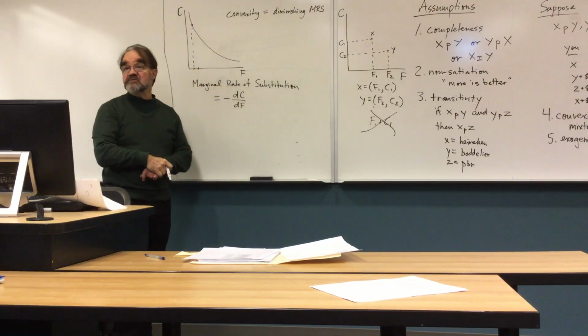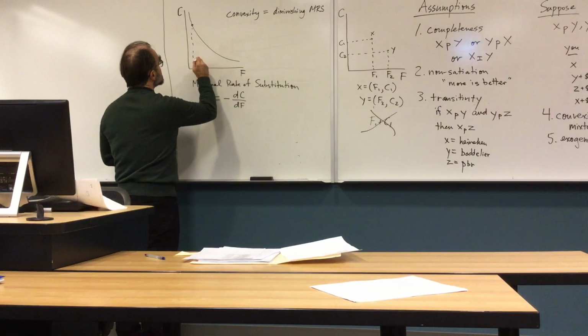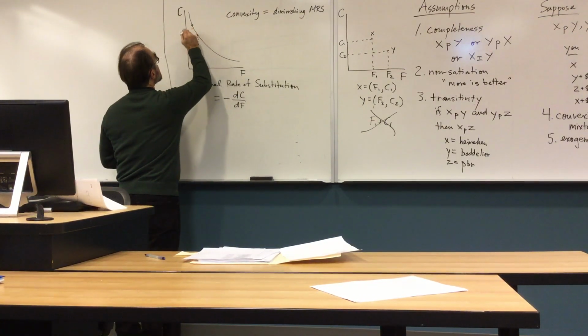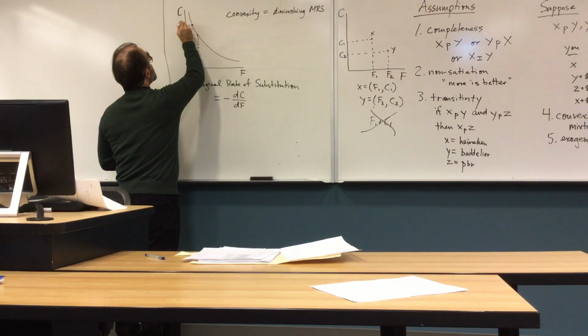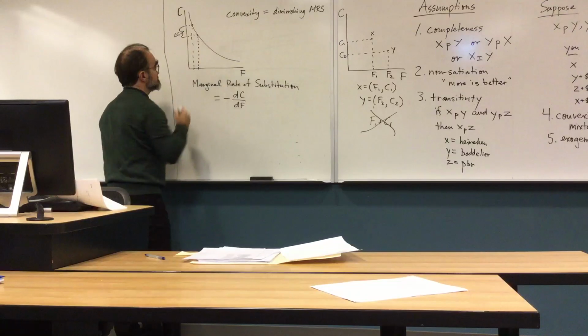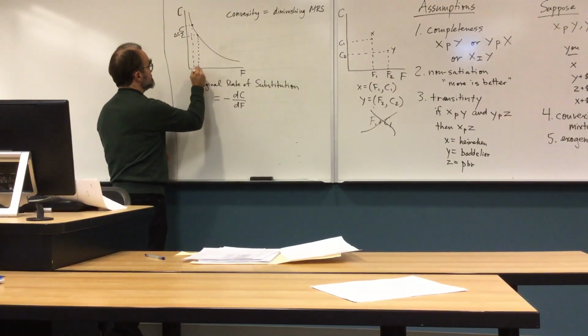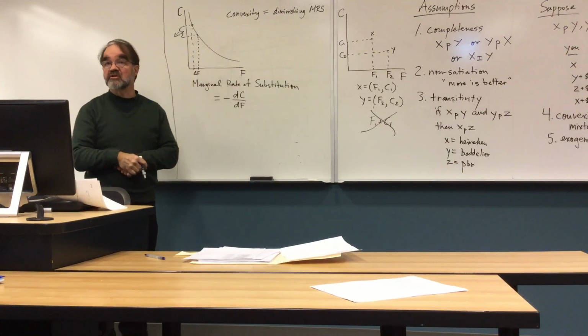The answer to that is the slope of the indifference curve. Here, where we're starting, that amount would be equal to this. This would be the change in clothing associated with that same change in food.